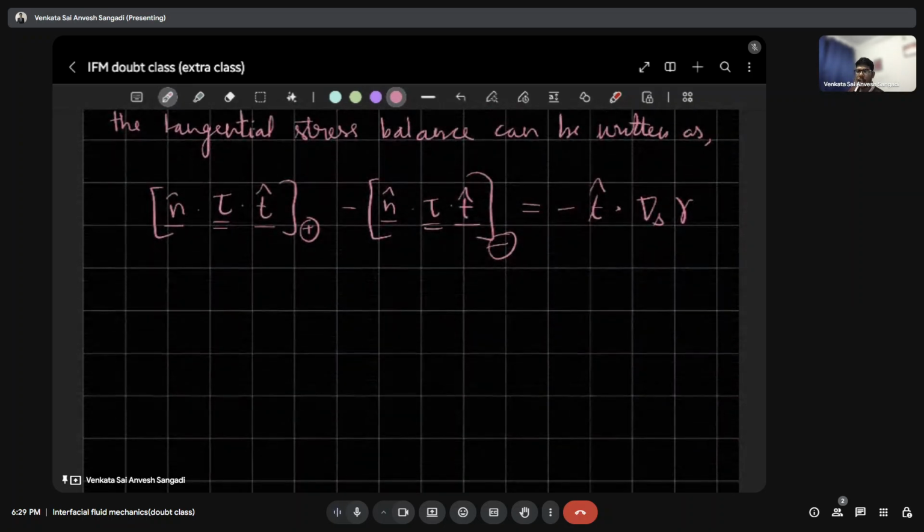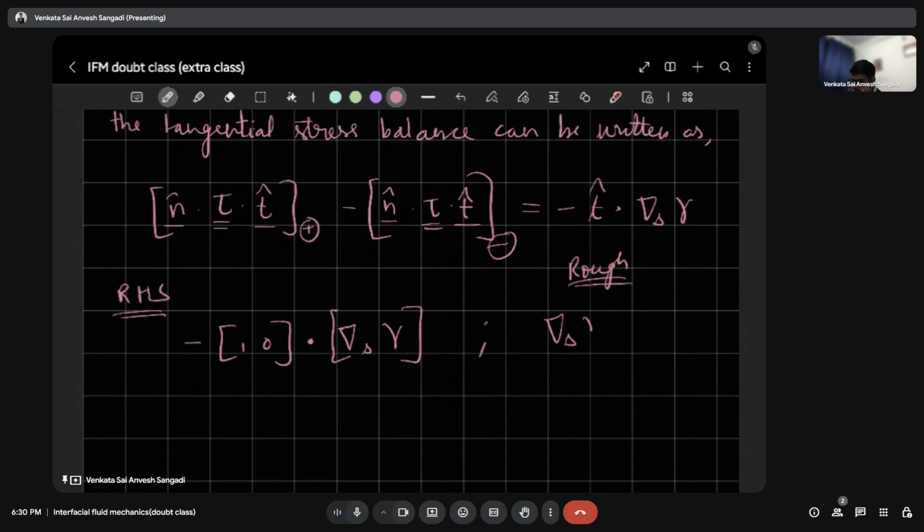So let's first take the RHS, which can be written as minus 1 0 dotted with del S gamma.